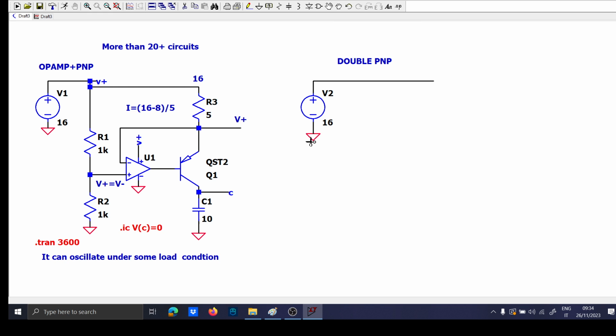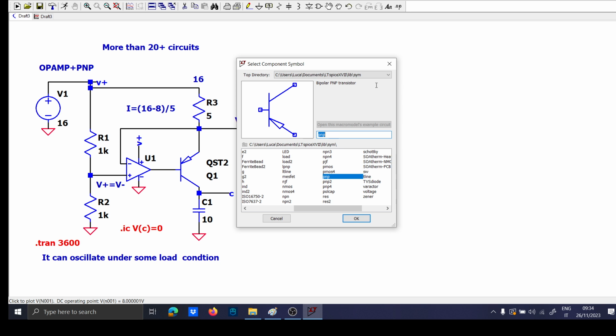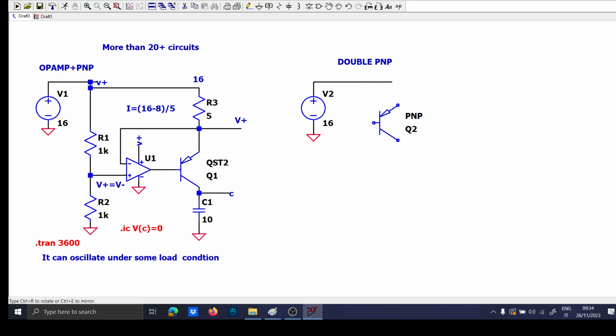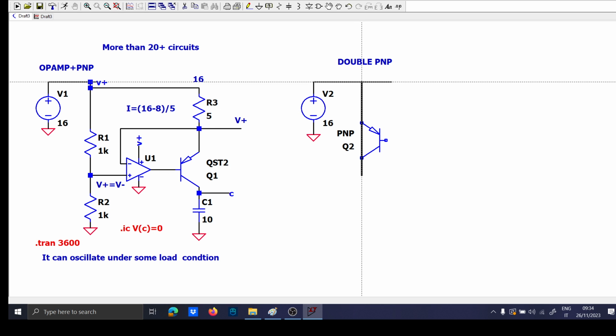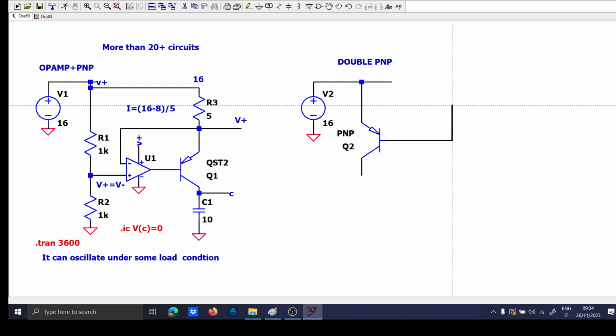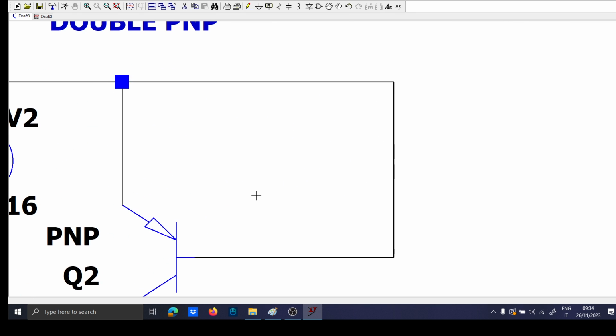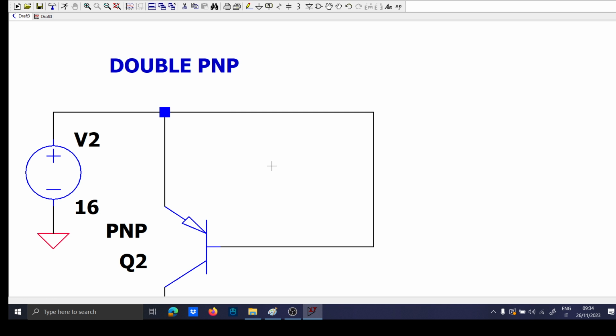The way to do that is to use a PNP. It is very similar to the trick that I explained before. You have to apply Kirchhoff's law around this circuit here.